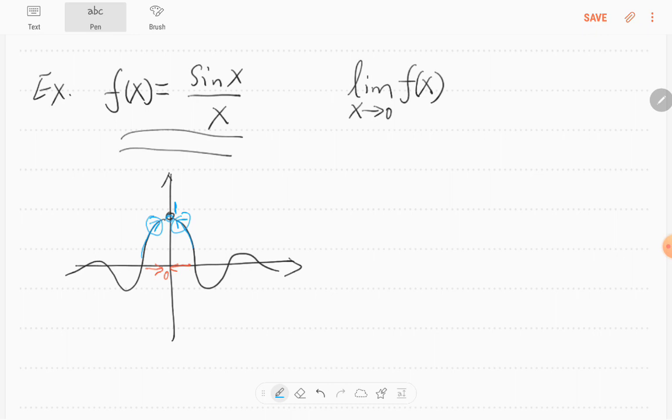The hollow circle has the value 1. So the limit as x approaches 0 of f of x is equal to 1. So you see this function has no value at x equals 0, but we can still find the limit, which is 1.